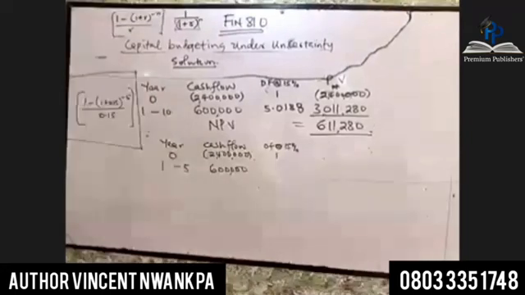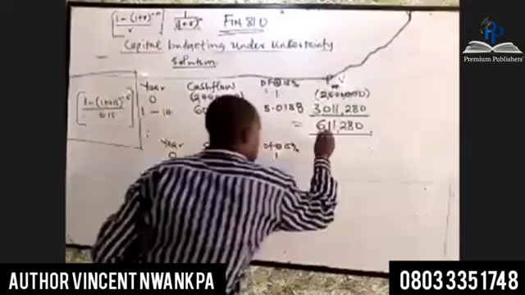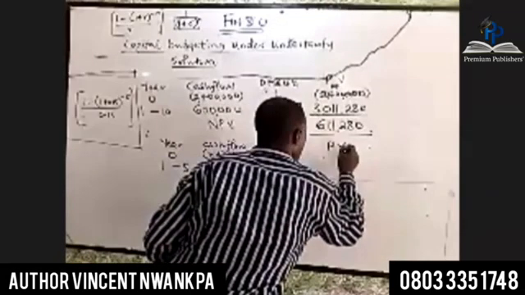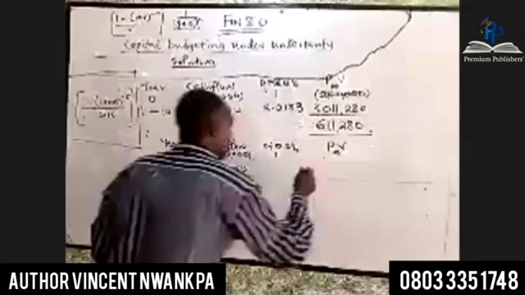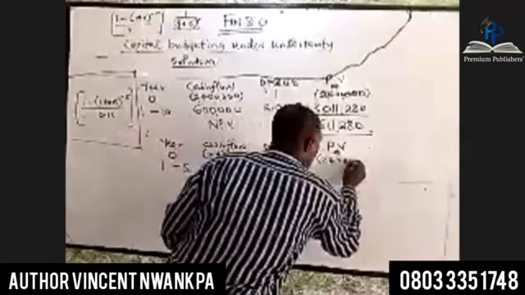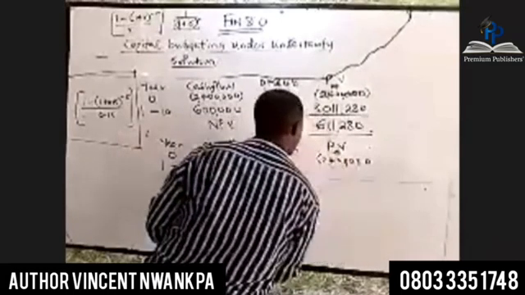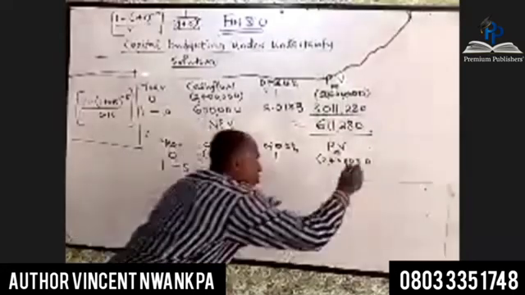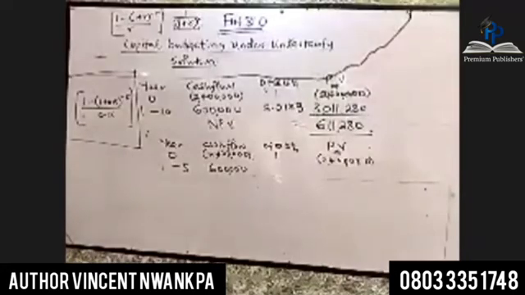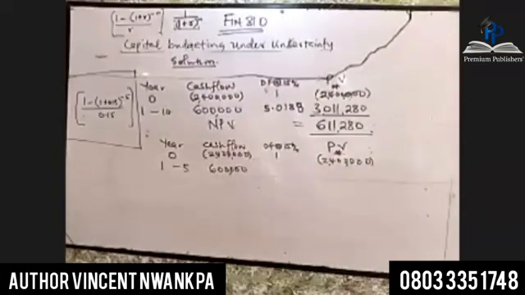You can now press the calculator. This is our present value in naira, 2,400,000, for 5 years, because the project must be paid back in 5 years.